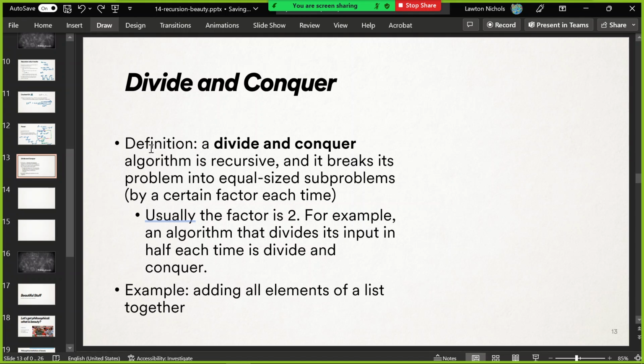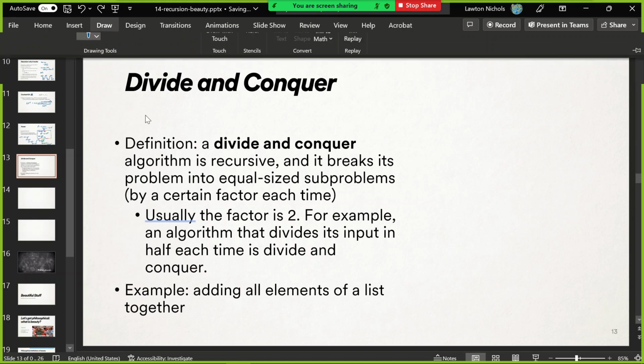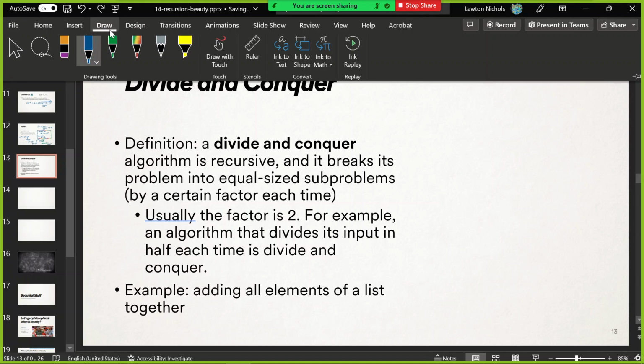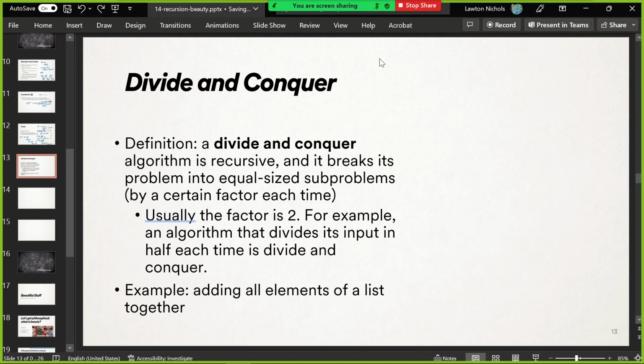Yeah, divide and conquer. It's recursive, and it breaks its problem into equal-sized subproblems. And like it breaks them into chunks. Maybe it breaks them up into 3s, into 2s, into 5s. Doesn't really matter. Usually the factor is 2. But that's what it means to be divide and conquer. So for example, I've got a list of numbers.